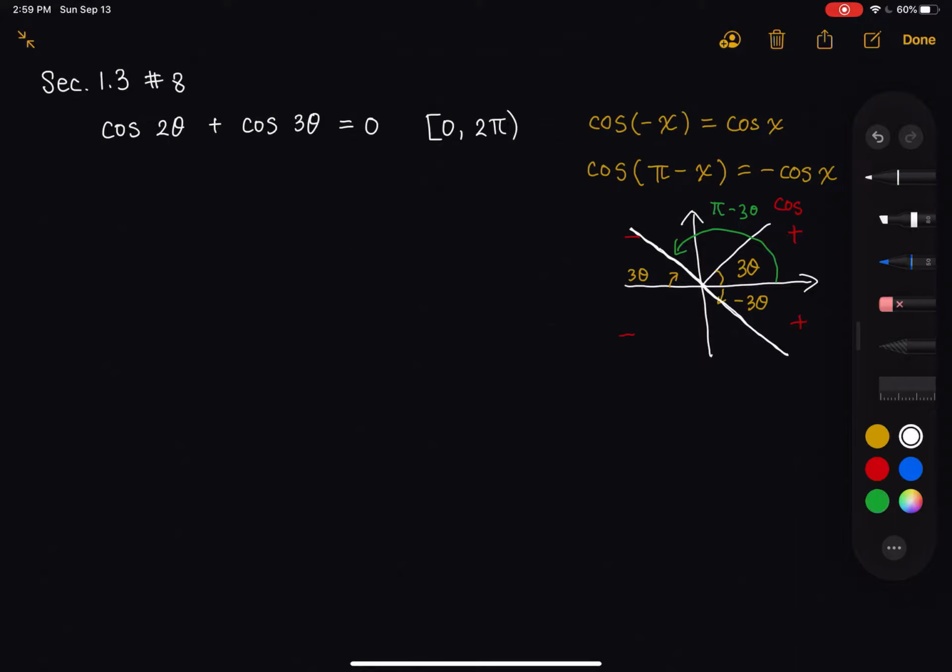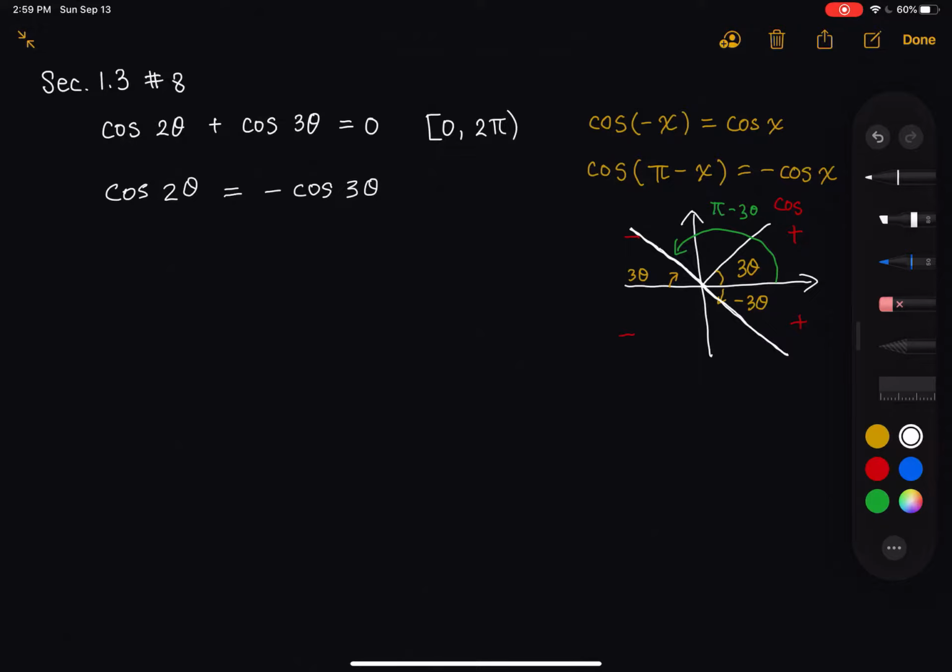So if we go back to the question, cosine of 2 theta plus cosine 3 theta equals 0. We subtract cosine 3 theta on both sides. So cosine 2 theta equals negative cosine 3 theta.